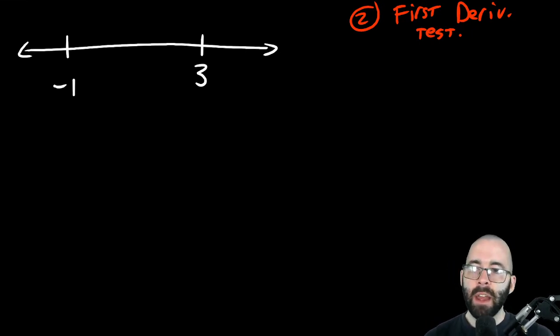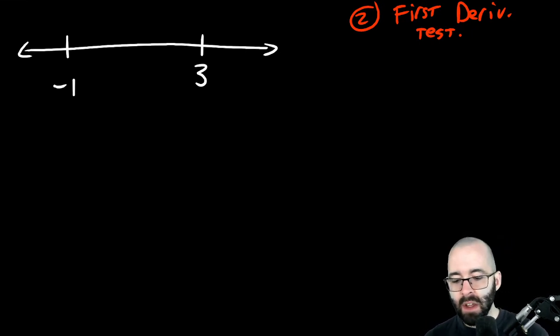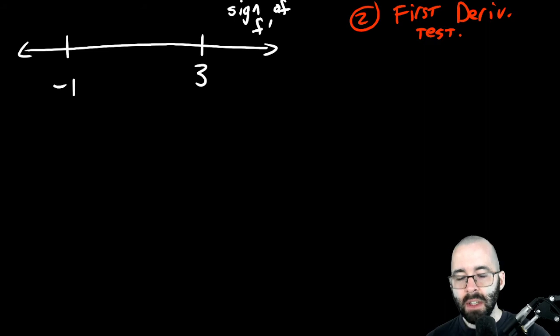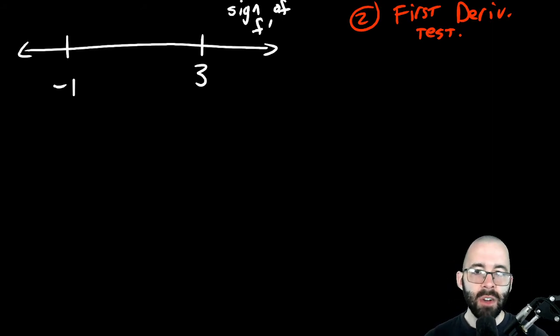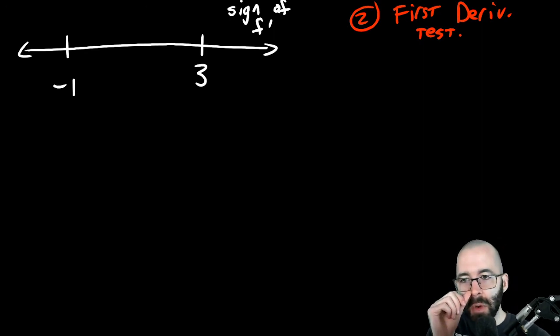Doesn't matter how nice your number line is. Let's just look at what is the sign of f prime in each interval. Because this is continuous, the intermediate value theorem says that if it's 0 here, the only place it can change is when it's crossing 0. So the only place the sign can change is at these points.